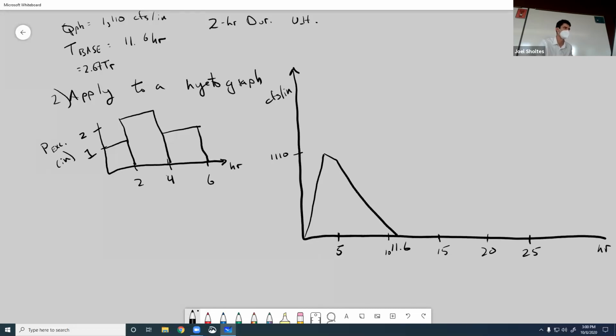CFS per inch. Now the next one is 2 inches. So all I would do is take the Y values here, multiply it by 2, and I'm starting it at hour 2. So if this is 2.5, here's hour 2. And then I'm just going to double it. So we go up here, and this is our double value, so 2220.